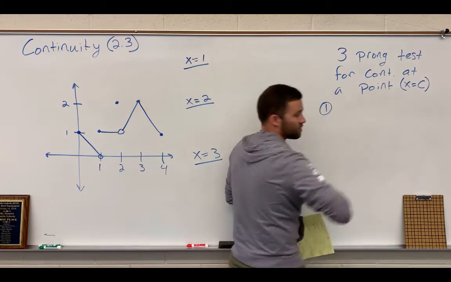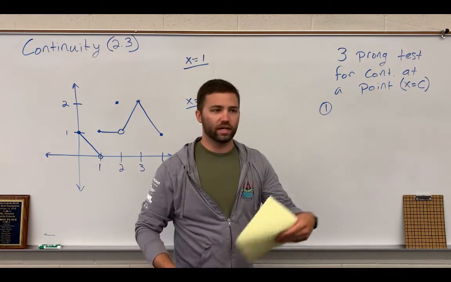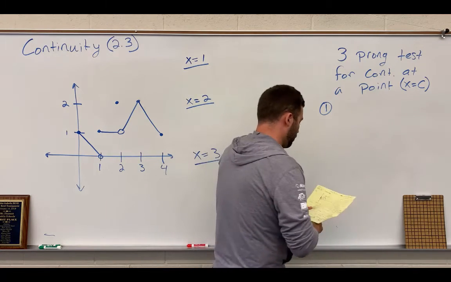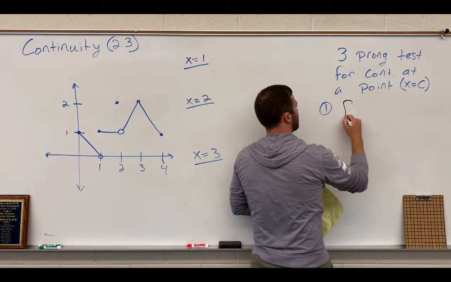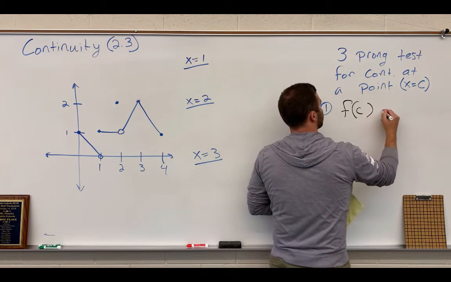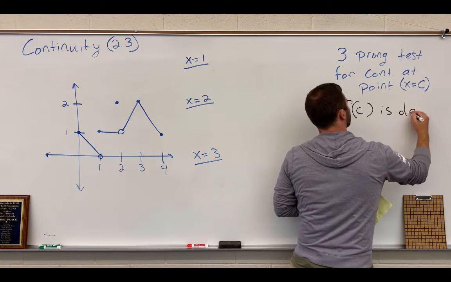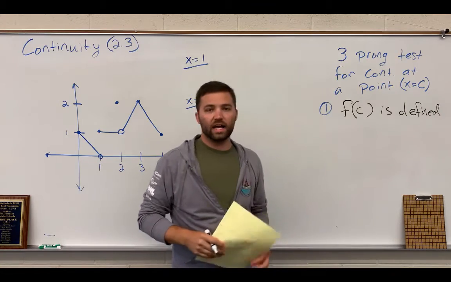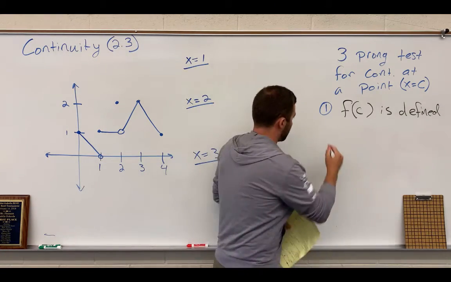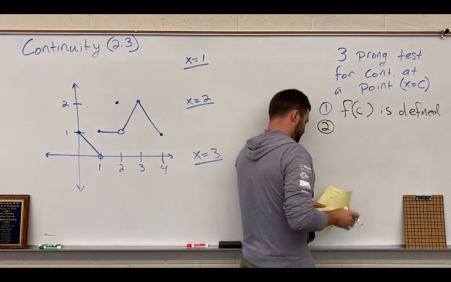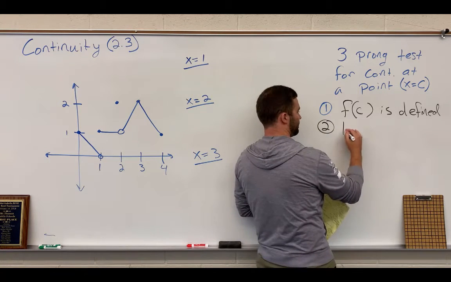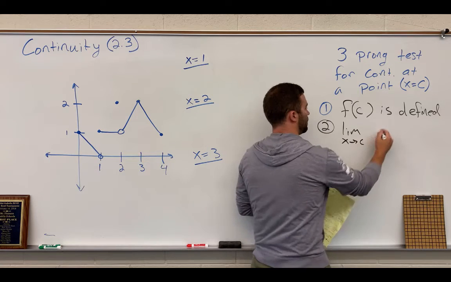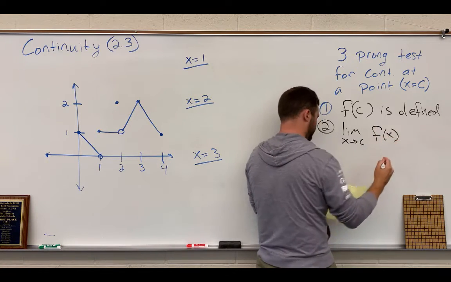All right. So the 3-prong test for continuity at a point x equals c, so x equals some value, like 2, -3, 17, something like that. Prong number 1: f of c is defined. So f of c has to be defined. Prong number 2: the limit as x approaches c of the function exists.